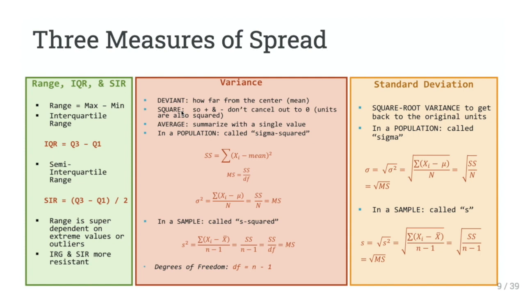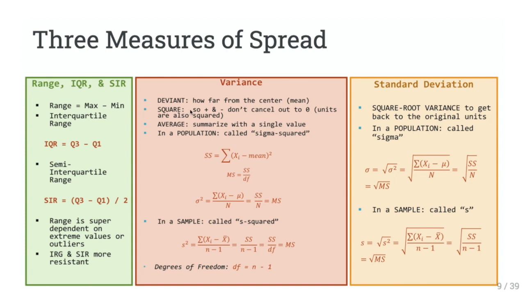How far from the mean is an individual? When we calculate the full variance, it's going to tell us the average deviance essentially. When we get to the standard deviation, that's actually the interpretation of it. The variance is the step prior to that, and it's going to be something we use throughout this class.